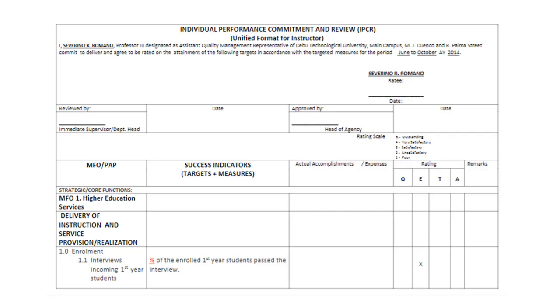And if we reach a certain level of performance or rating, the DOTR, for example, will give an incentive to provide additional monetary benefit to the employees for reaching, for example, 80% of whatever was set to be achieved.